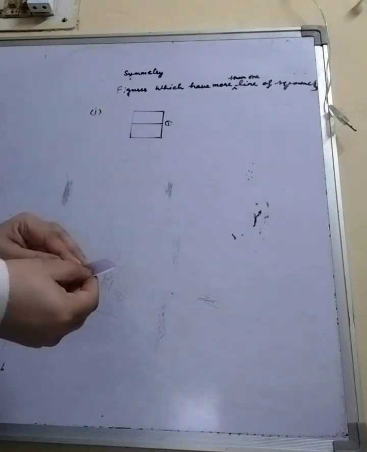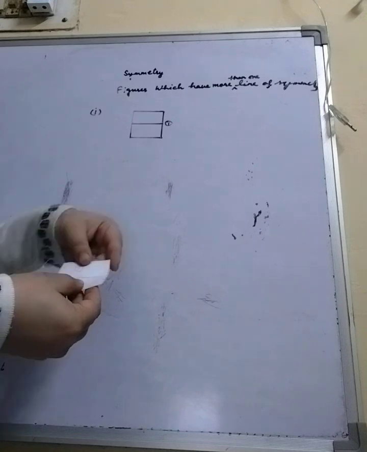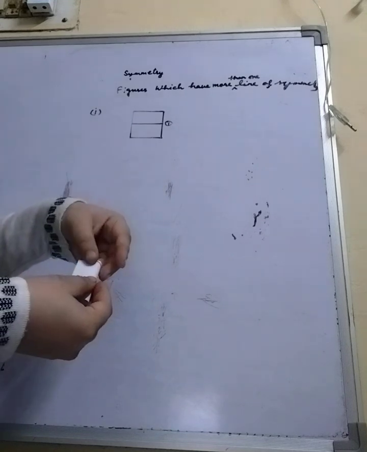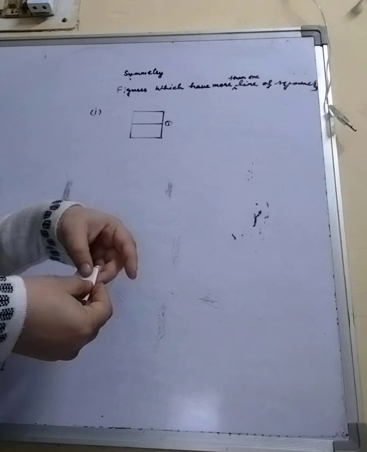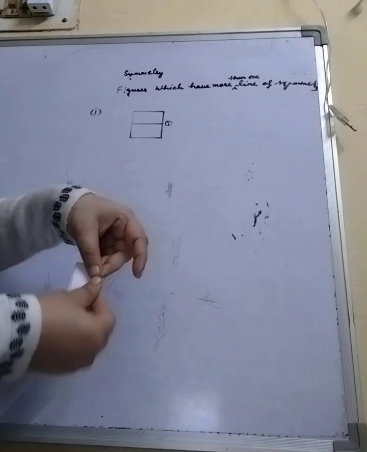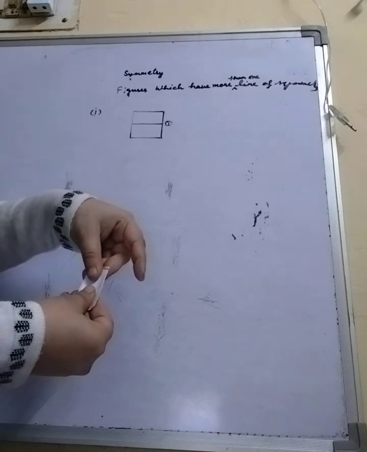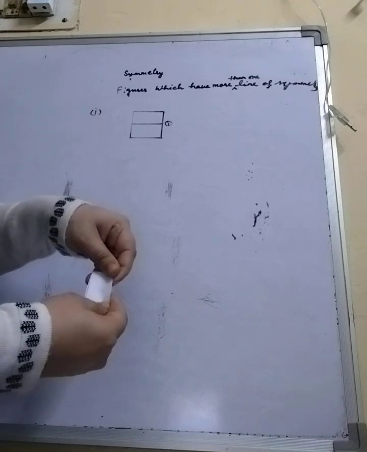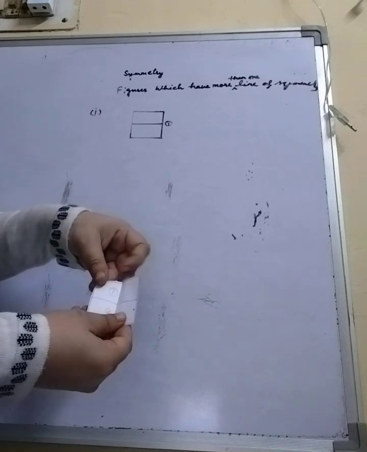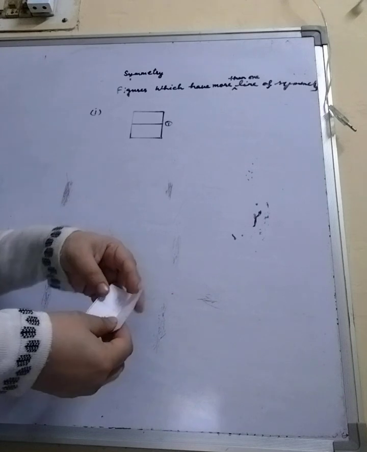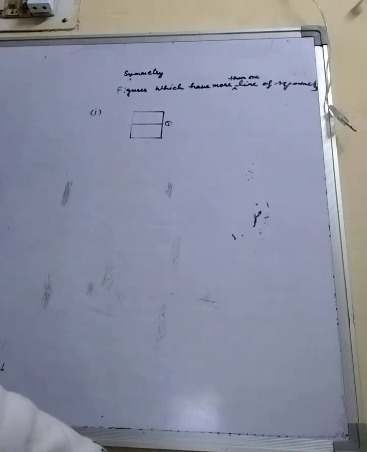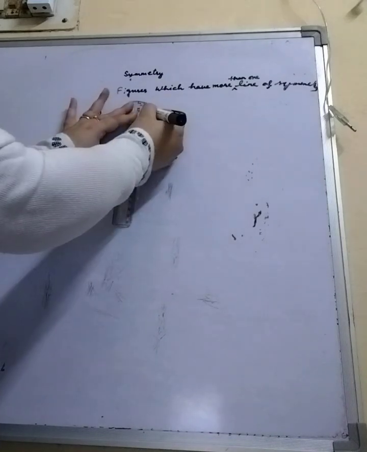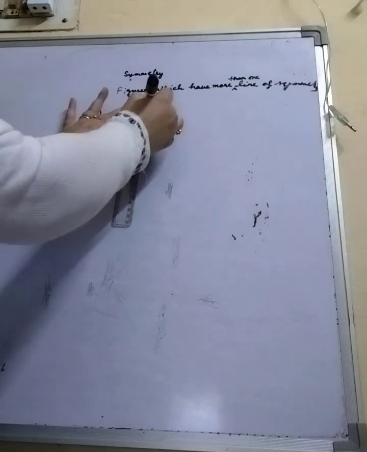We have folded it along the horizontal direction. Now we fold it along the vertical or standing line. So in this way also the one half falls over the other. So my second line of symmetry becomes like this. This is the second line of symmetry.